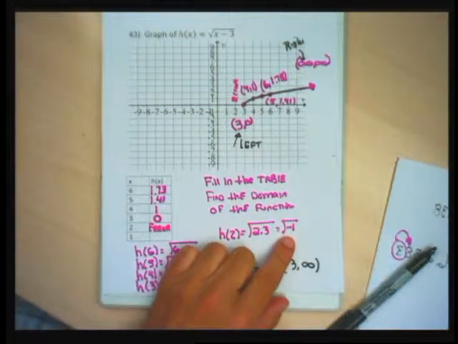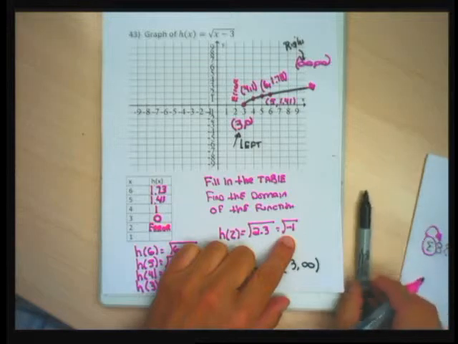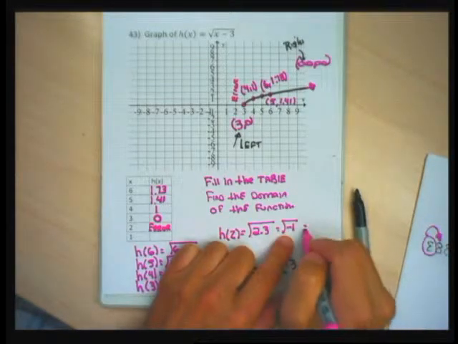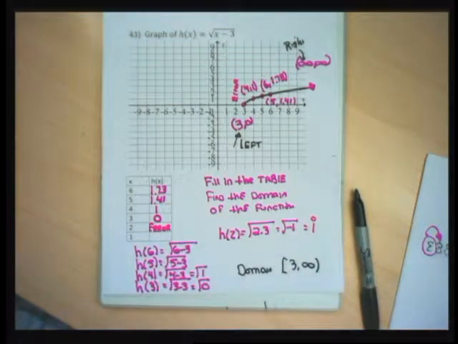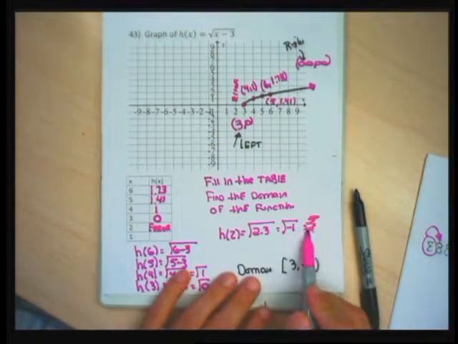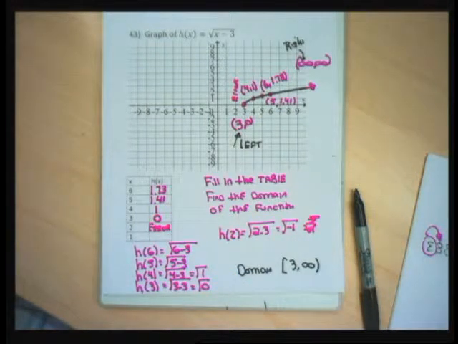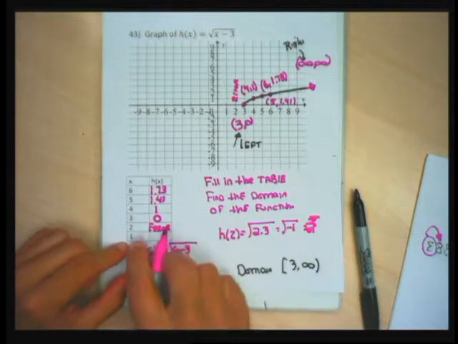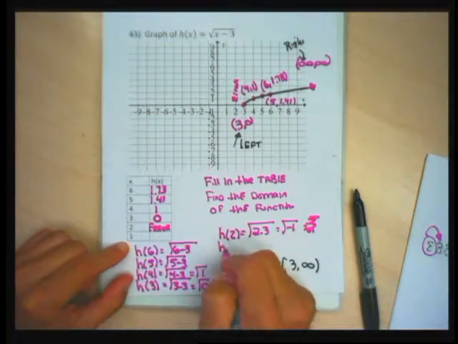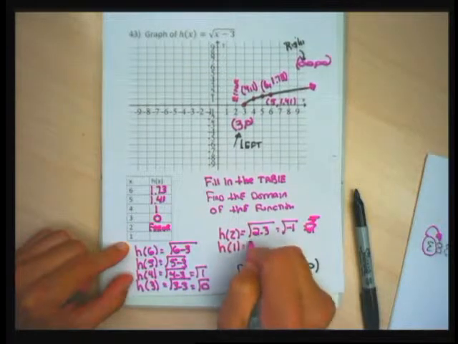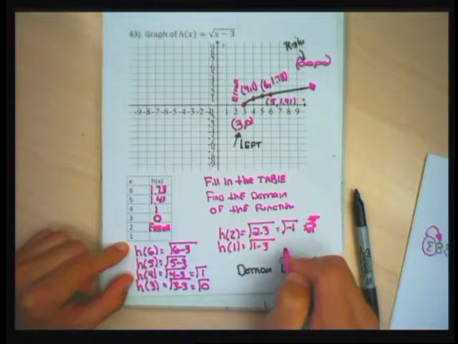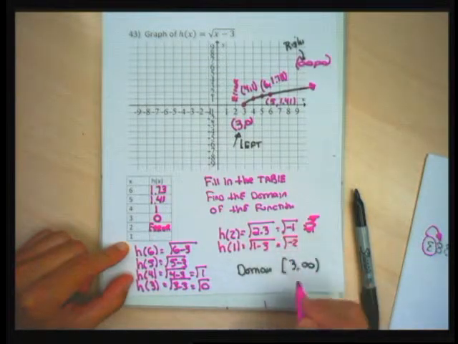And actually, if you've taken some higher math, this equals i, an imaginary number. It doesn't show up on a graph because my graph doesn't have imaginary numbers, but that's too advanced. That will come in section 410. We'll learn about i's. If you already know about i's, it's nice, but they don't come up yet. The next point I want to do is h of 1, which is the square root of 1 minus 3, which is the square root of -2.